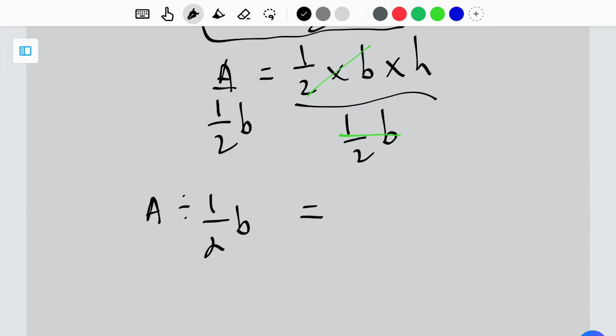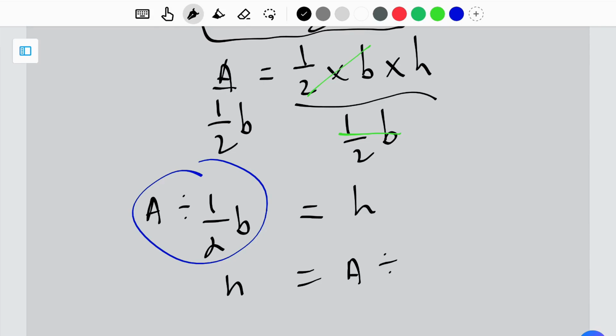And I just found my h, isolated. But remember, we can still work with this. I'm going to rearrange it and put h on the left-hand side. So h, which is height, equals area divided by a half base.